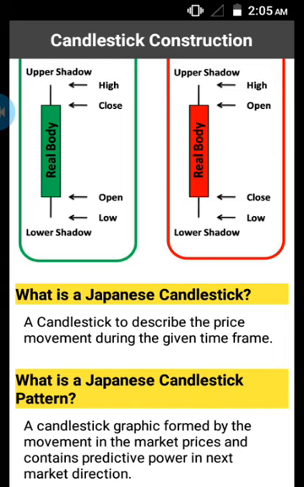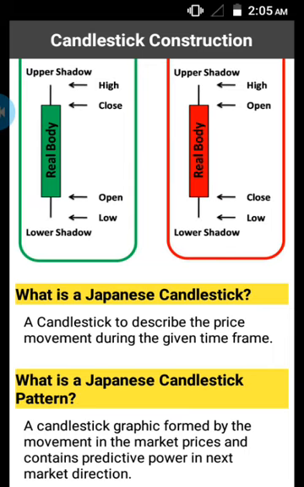If you don't know how a bullish candlestick opens and where it closes and what construction it forms, you will never be profitable as a forex trader or as a trader in general, or even as an investor, if you are using candlesticks. So I think we have exhausted the candlestick construction.